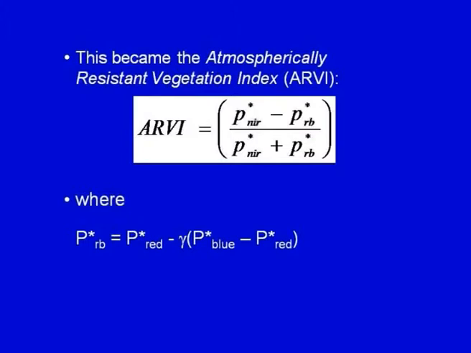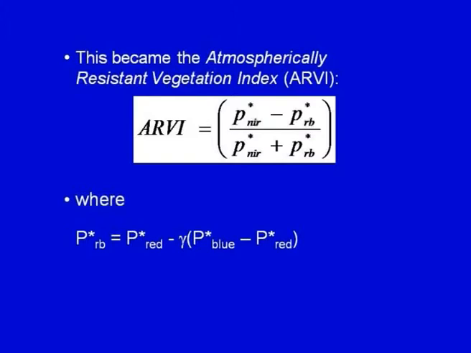It is represented by the equation wherein we take the difference between the near infrared minus the reflectance contribution coming from the red and the blue, where the red and the blue contribution can be expressed by the equation P RB is equal to P red, that is the red band, minus gamma, a factor, multiplied by the difference between the blue reflectance minus the red reflectance.